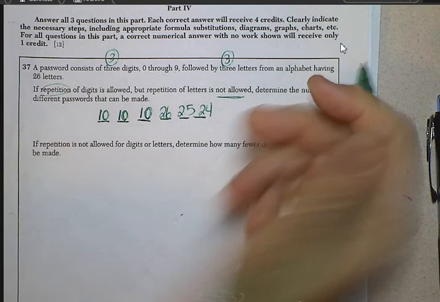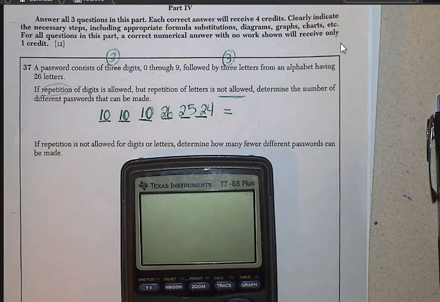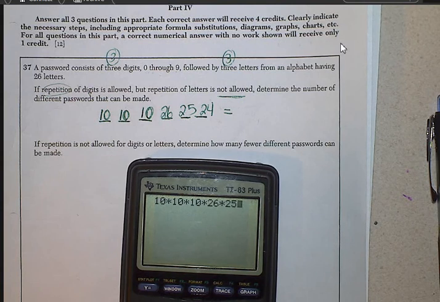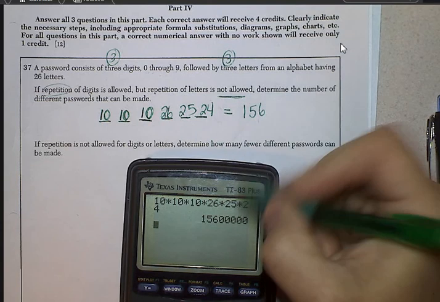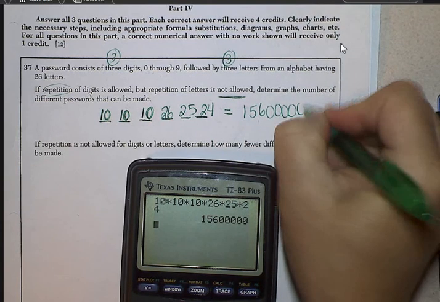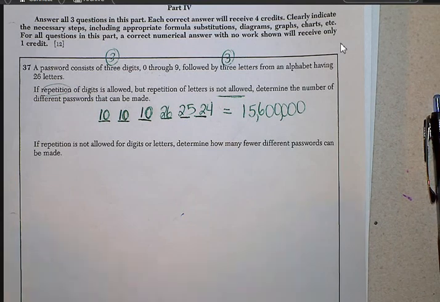So to find the total number of different passwords, I'm going to take my calculator out. 10 times 10 times 10 times 26 times 25 times 24. And you can see that's going to be quite a lot. 156 followed by 5 zeros. So 15,600,000 different passwords.